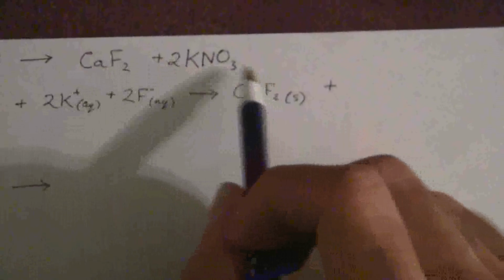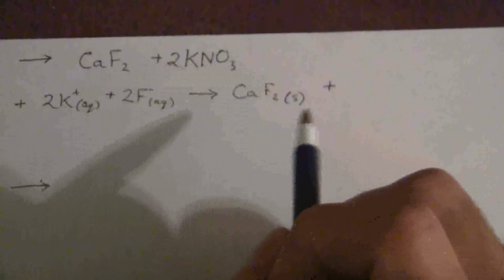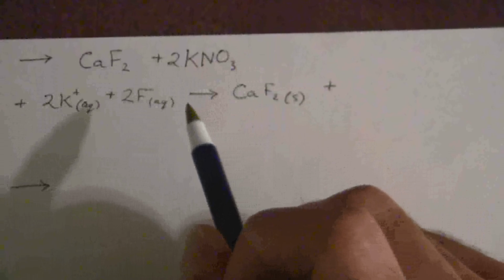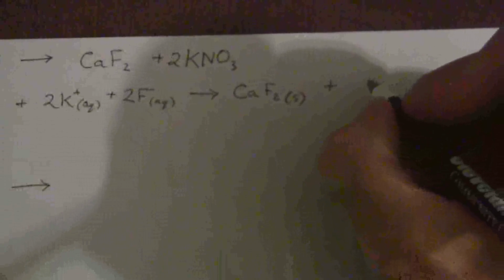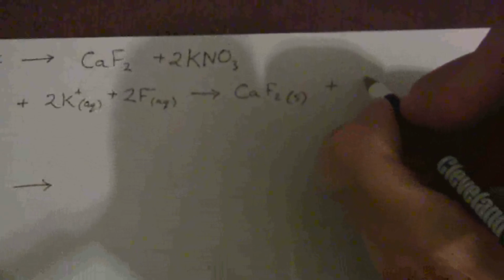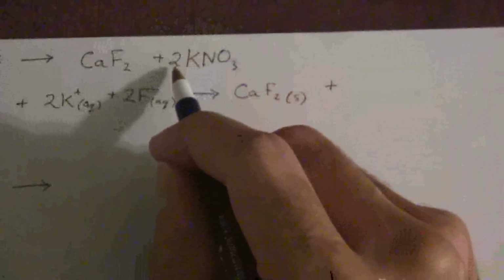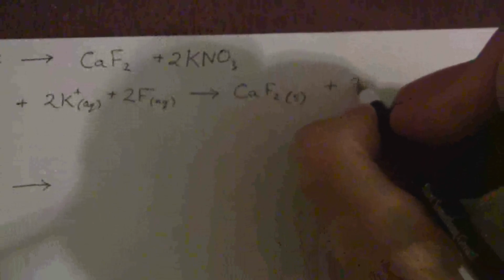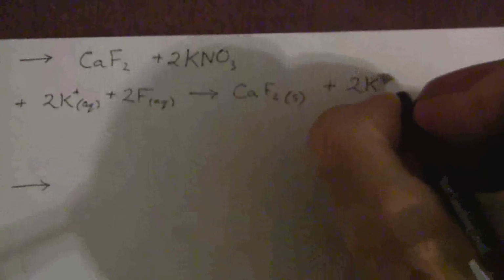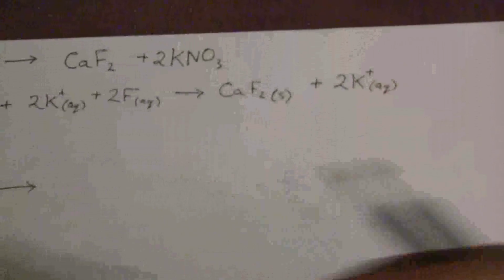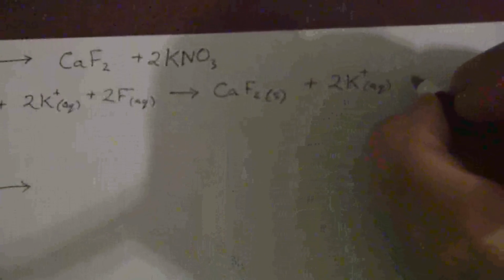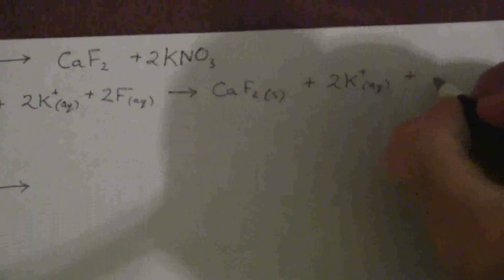Okay, and then here we have potassium nitrate, definitely a soluble compound. Nitrates are soluble. Potassium-containing compounds are soluble. Let's not forget that 2 in front. That means I have 2 potassium ions. Those are aqueous because it's in water. That's what pulls them apart or allows them to separate.